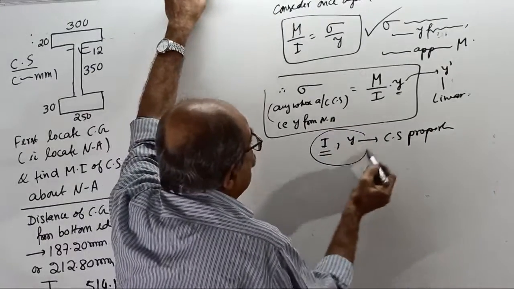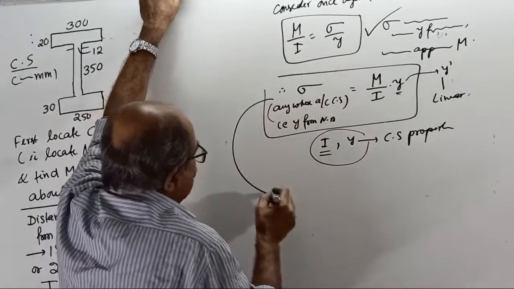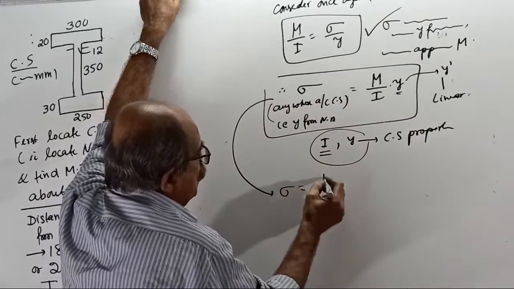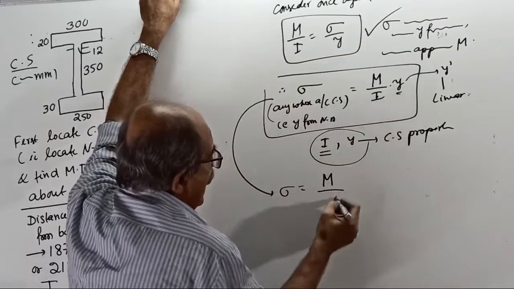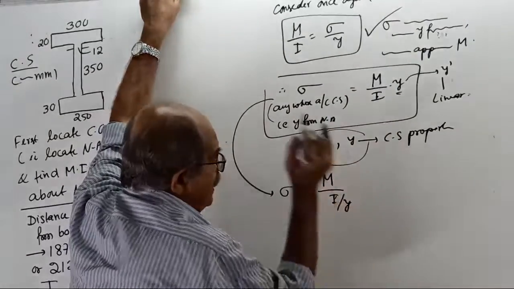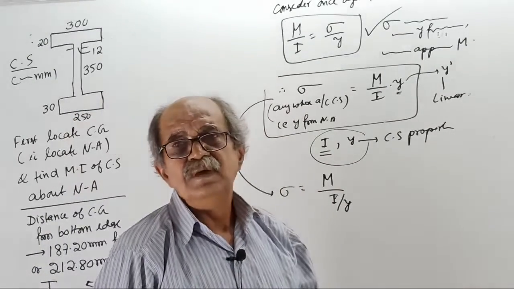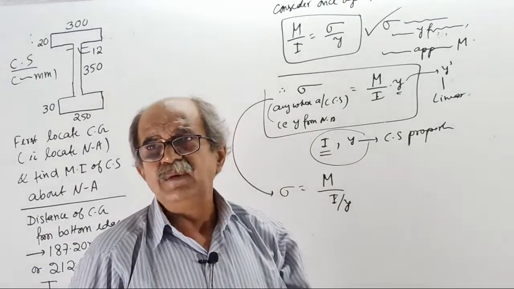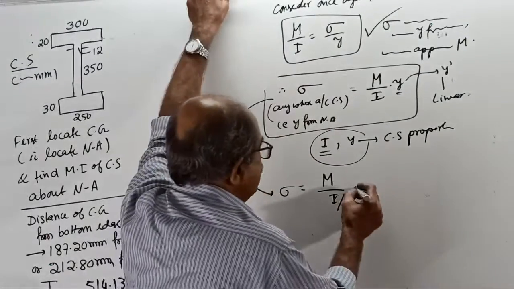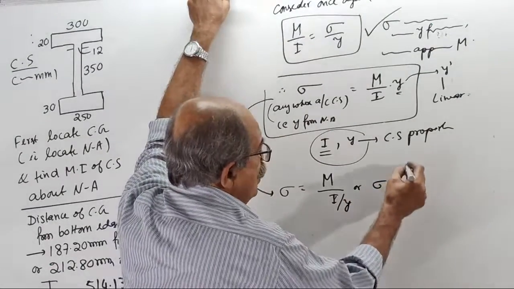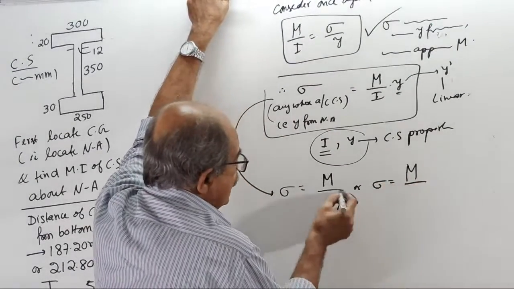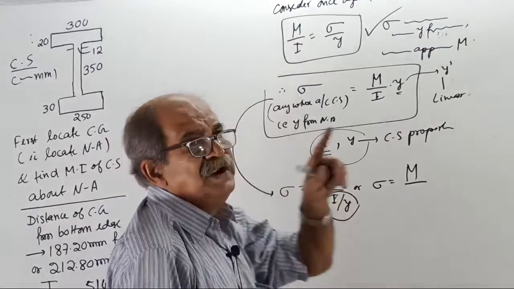Now what you can do is rewrite the equation as sigma equal to M divided by I divided by Y. Or you can say sigma equal to M divided by the ratio of moment of inertia.